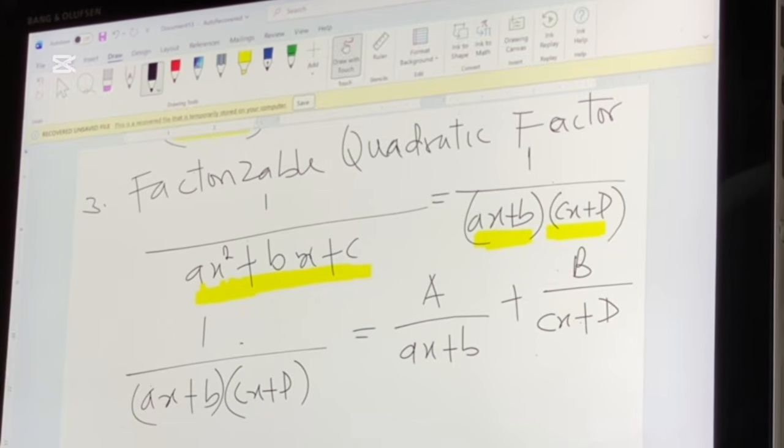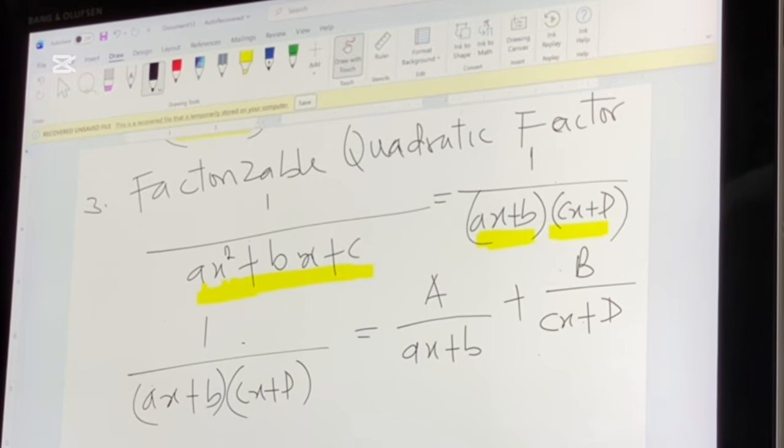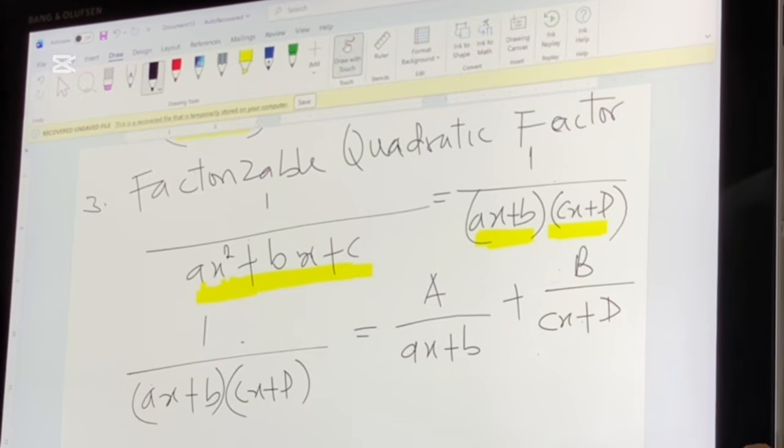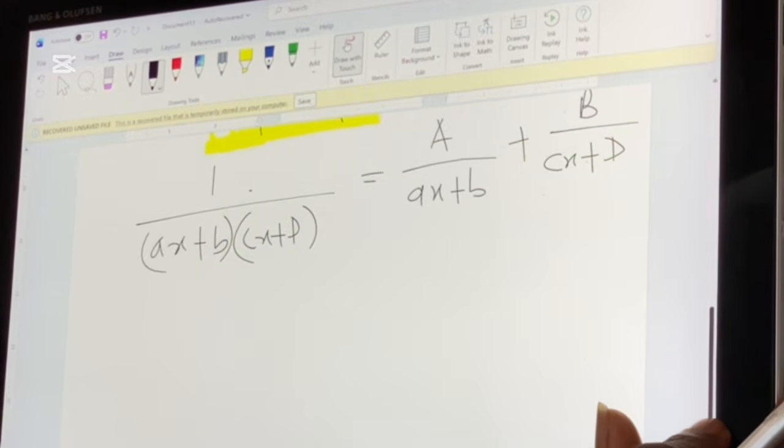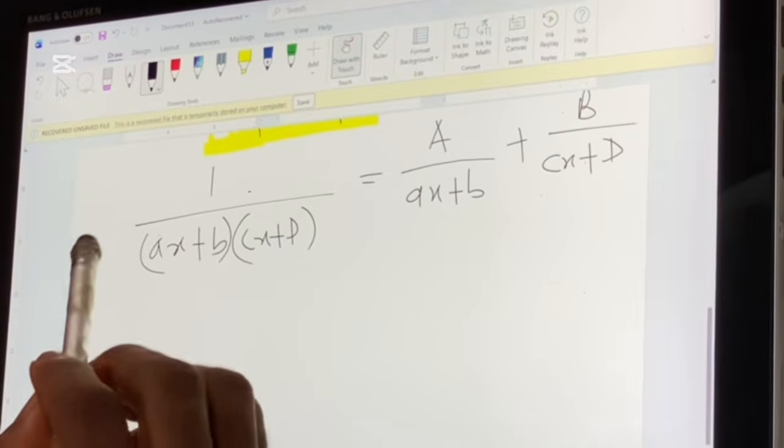Please take note. So let's take the next one here, number 4. Let's take number 4, non-factorizable quadratic factor.